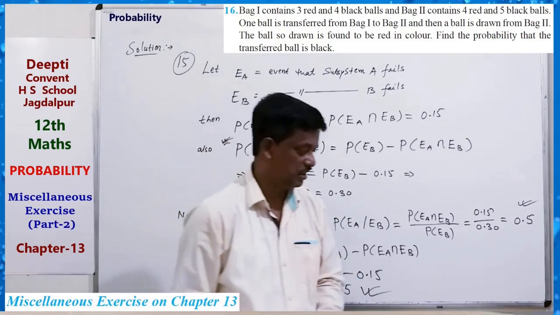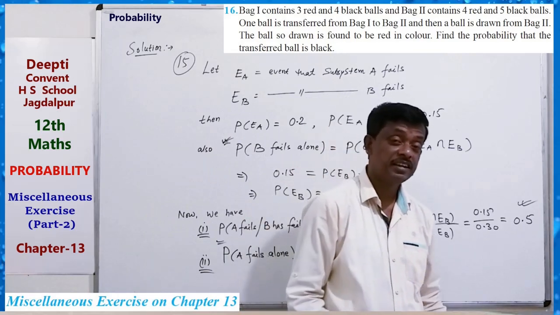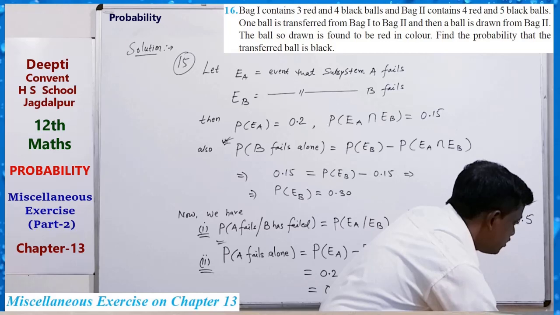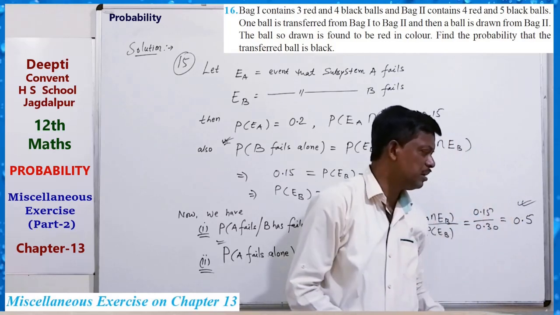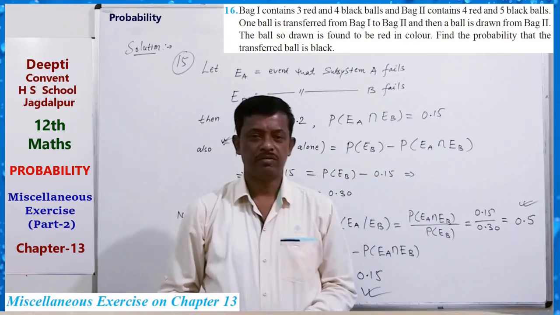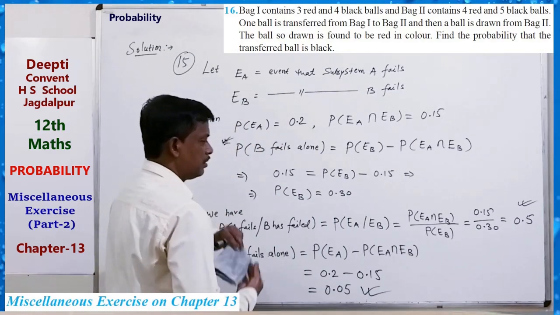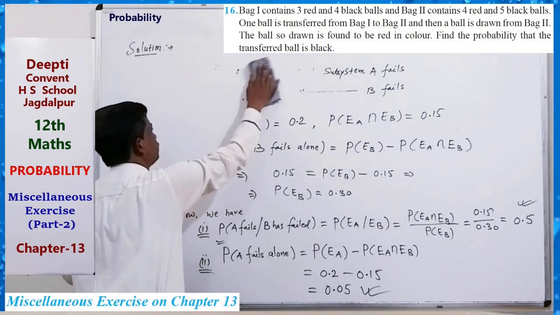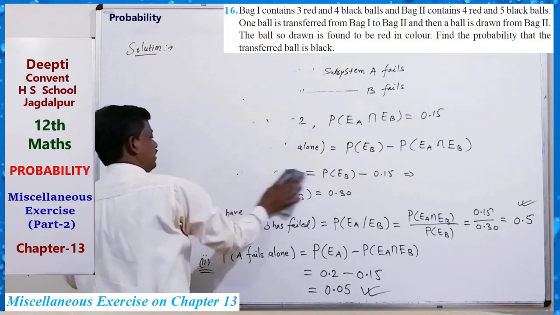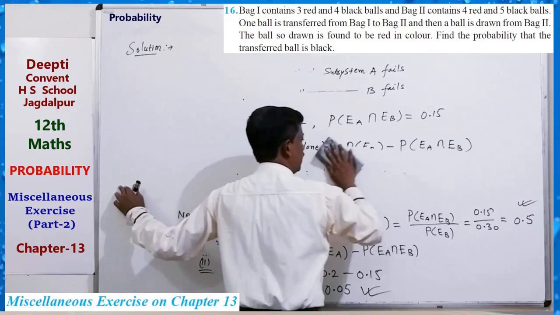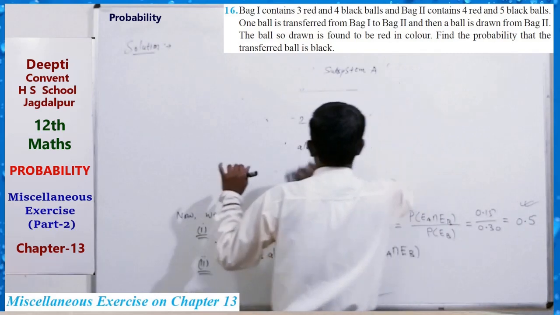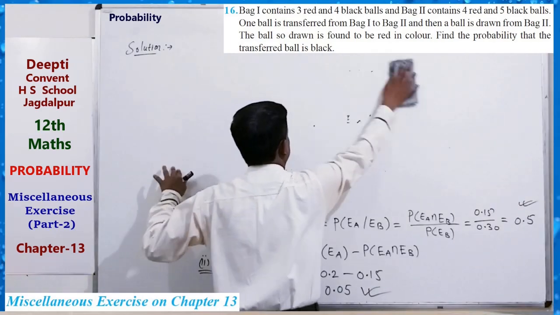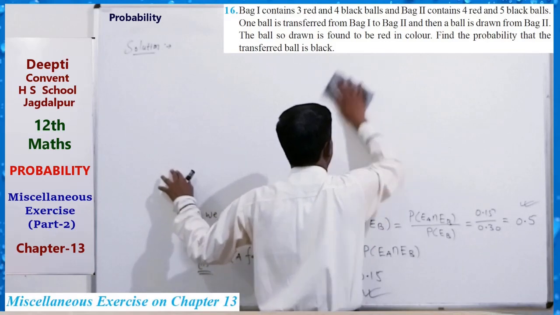This is a reverse probability, so we will use Bayes' theorem here. Very simple. There may be two types of event at the time of transferring the ball.